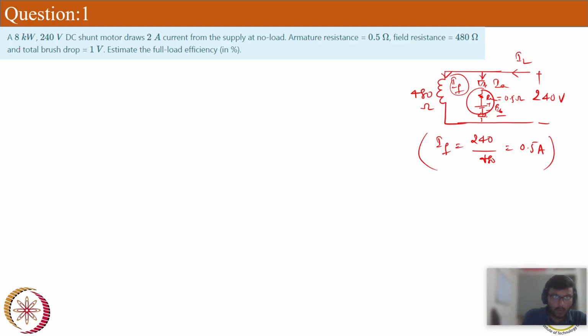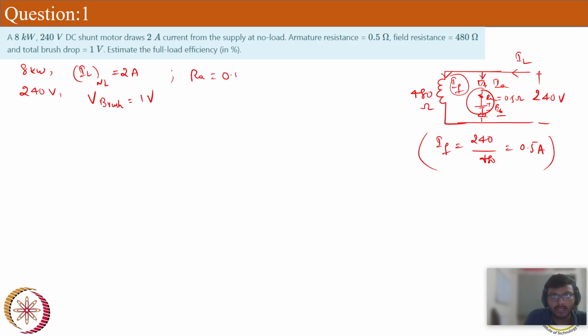Now, what is the data that was given? It's an 8 kilowatt motor, 240 volts, and supply current at no load is equal to 2 amps, and V brush is equal to 1 volt. This is the extra information, additional data.